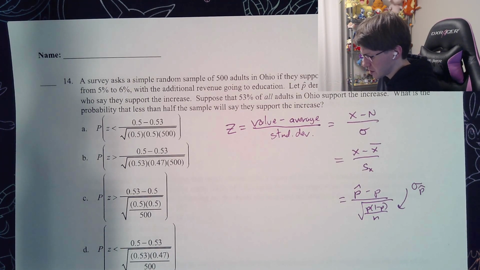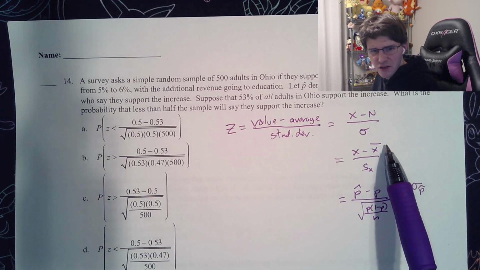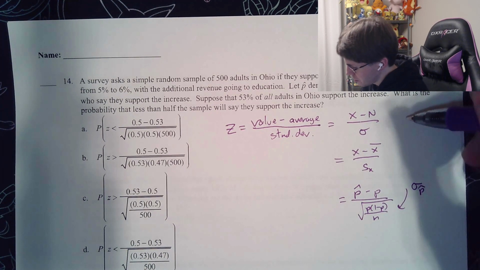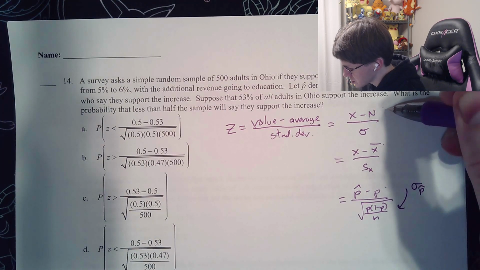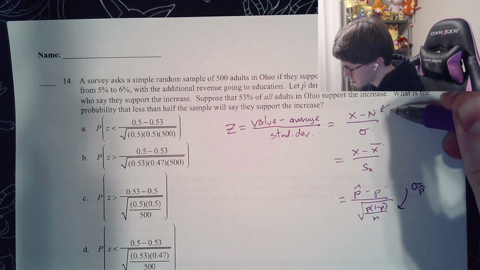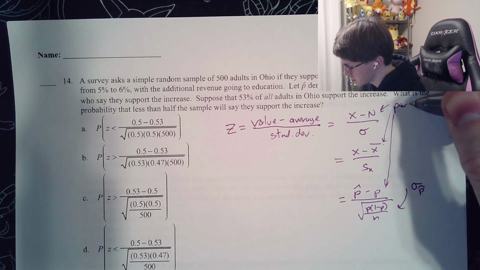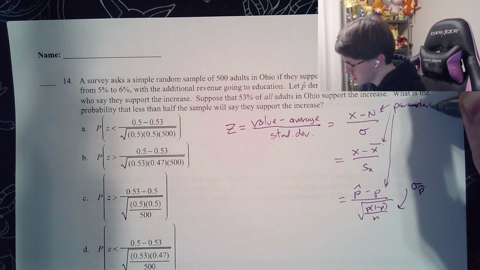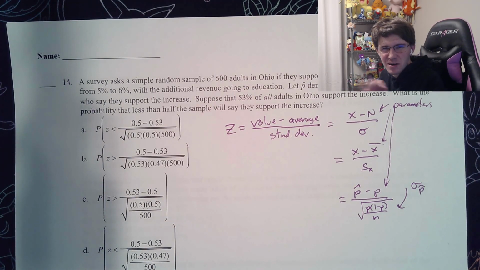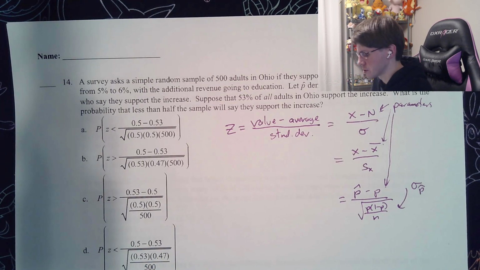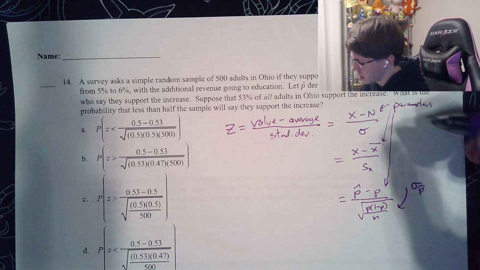So a couple things about it. Some people are like, well, the bar is above it on this one, but the hat's above it on this one. What's going on? As a reminder, all of these on the right-hand side are supposed to be parameters. They're not necessarily always parameters, so that's not perfect language, but they're supposed to be values that are assumed to be true or known to be true.